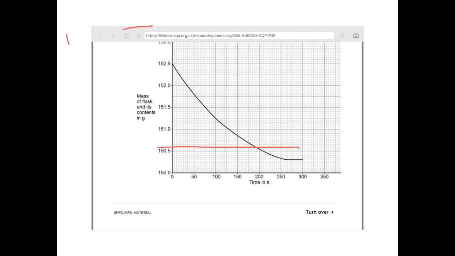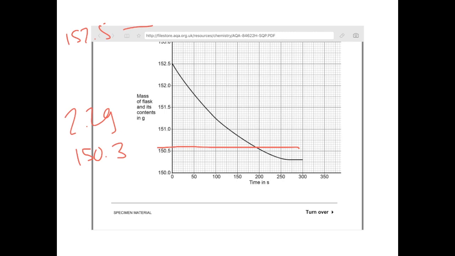So you've got 152.5 at the top, and then if you read the bit at the bottom very carefully, you'll see that it's 150.3. So if you take those two numbers away from each other, you get a mass loss of 2.2 grams, and then in order to work out rate of reaction, you need to divide that by the time taken.